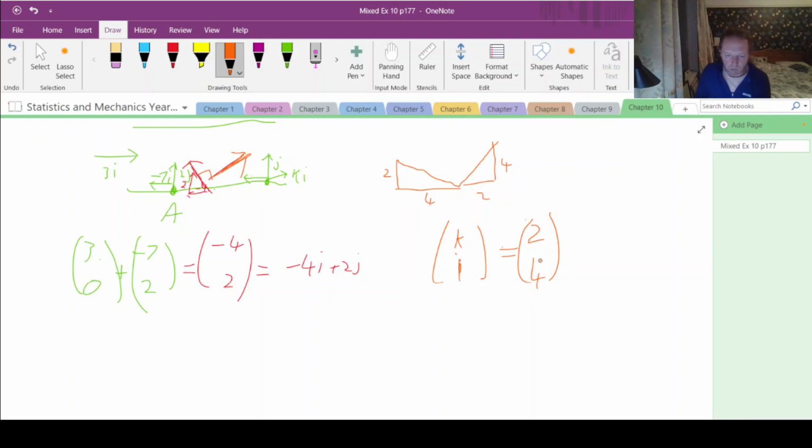To bring that down to 1 with the k, we're going to need to divide by 4, which will then give us the 2 over 4, which is a half over 1.